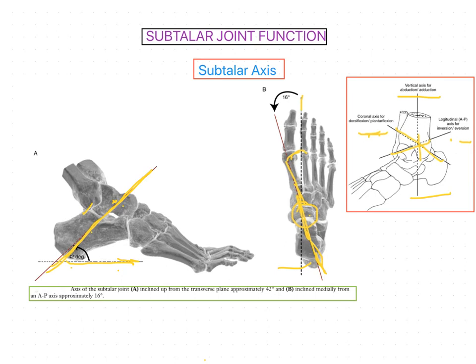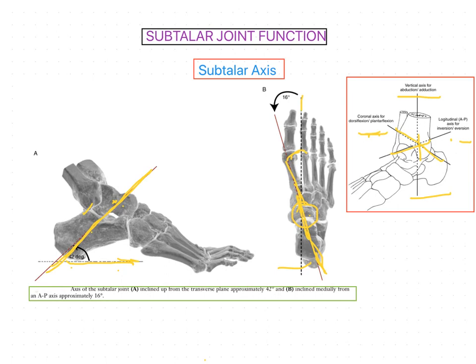So observe here, this axis is cutting all the axes. Because of that, we know that on the coronal axis dorsiflexion and plantar flexion take place, on the vertical axis abduction and adduction, and on the longitudinal axis inversion and eversion.